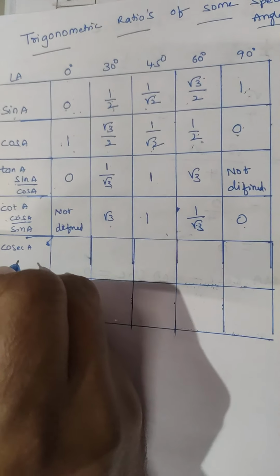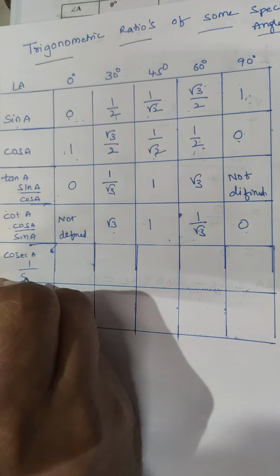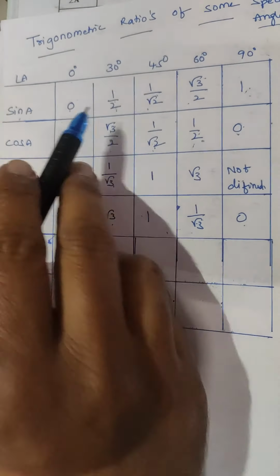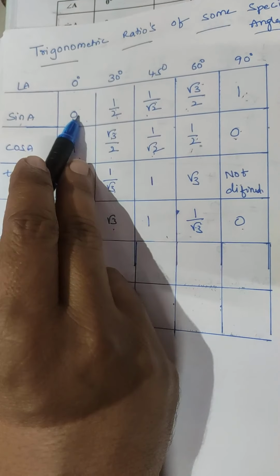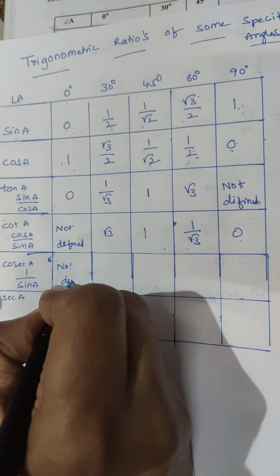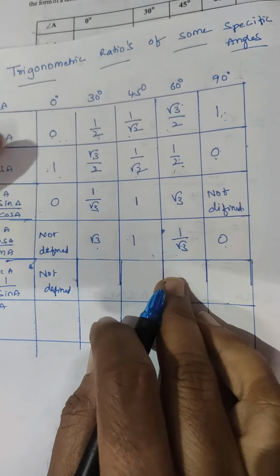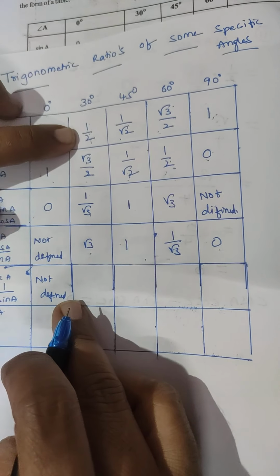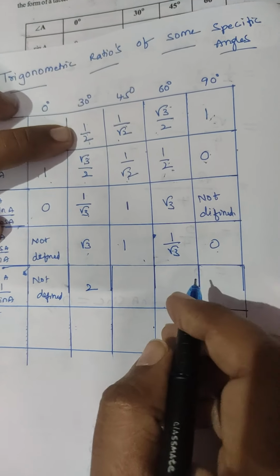Now cosec. Cosec is the reciprocal of sine, 1 by sine. Look at the sine values and write the reciprocals. 1 by 0 is not defined. Reciprocal of 1 by 2 is 2.